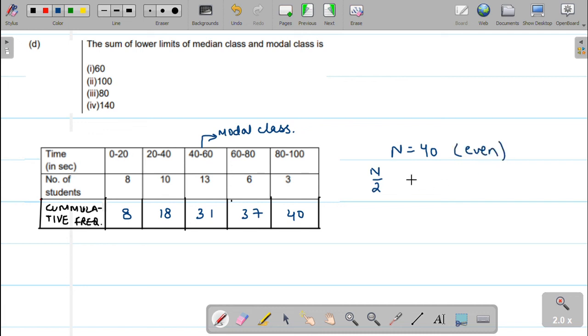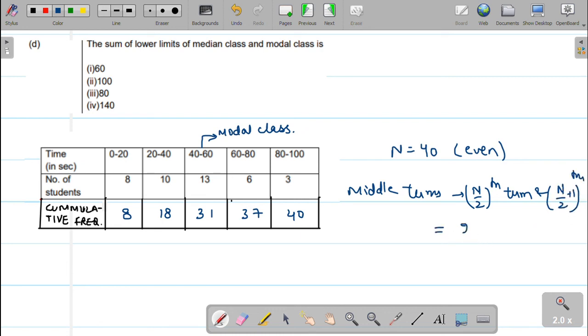So n by 2 is 20, or if we just look at the middle terms, we will have the middle terms will be n by 2th term and n by 2 plus 1th term, right? That means they will be the 20th term and the 21st term, right?